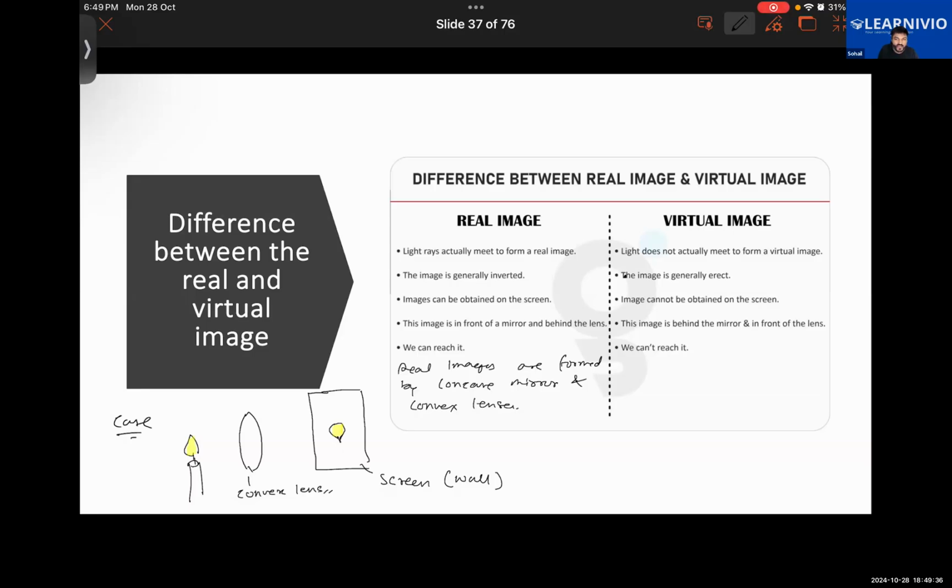That is one thing. And for the virtual image, everyone knows this: it is formed by a plane mirror. Okay.